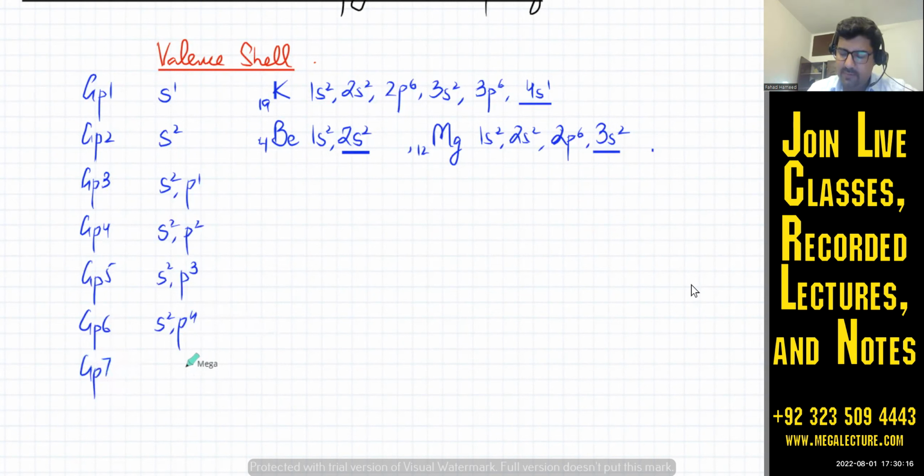Group 7 is going to be S2 and P5. And your noble gases will be, अच्छा, तो group numbering में सही कर लो, it's going to be S2 and P6. Okay, that's how the electronic configuration of the valence shell will work.